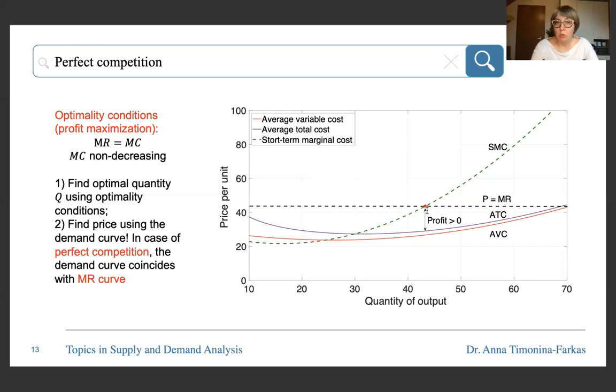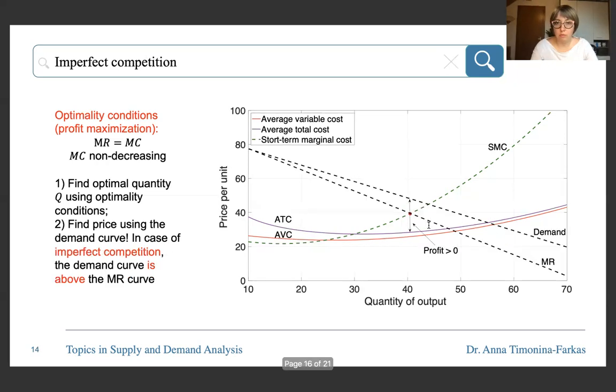This is all. So when you need to solve such problems in the CFA Level 1 exam, just first of all, account which type of competition it is, then compute where your marginal revenue is equal to the marginal cost, and then don't forget to subtract from your demand the average total cost.